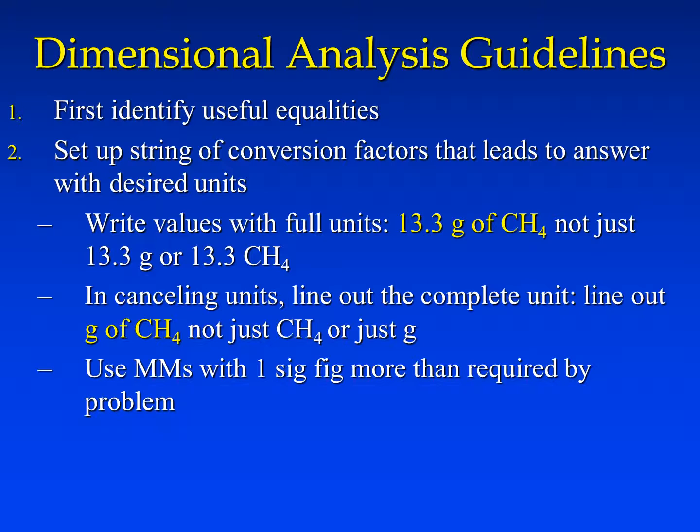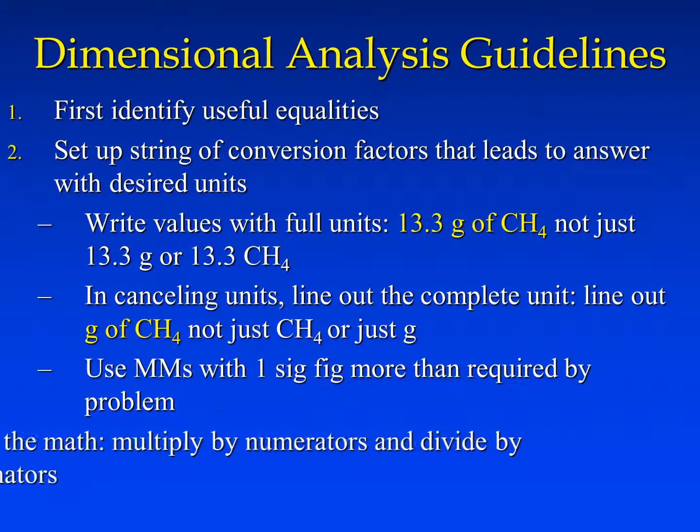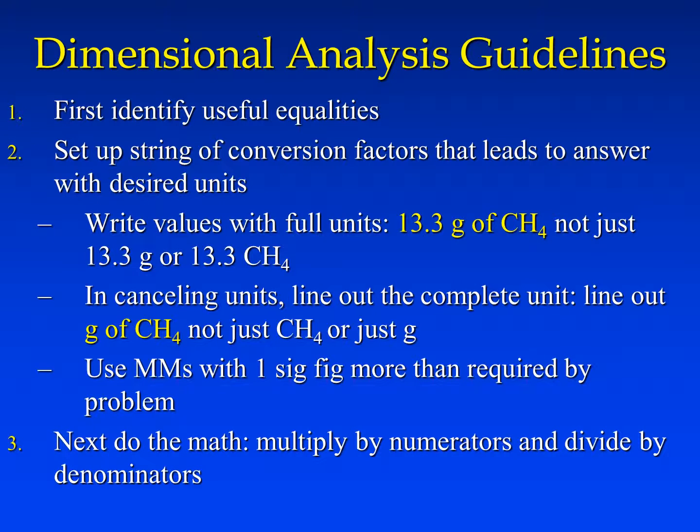When you use molar masses, it's recommended that you use a value of molar mass that is 1 sig fig more than required by the problem, since that'll give you the most accurate answer, or the most precise answer, I should say. Next, do the math. In other words, once you work the units out, you're almost assured, let's say 90% sure, that you set up the right series of conversions.